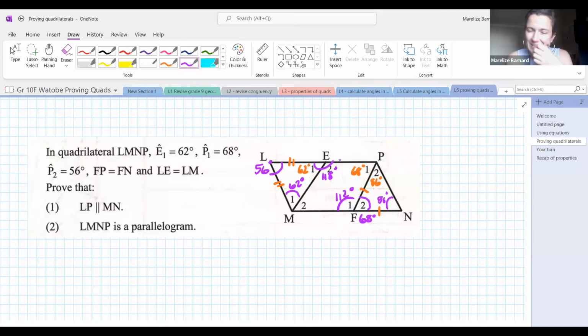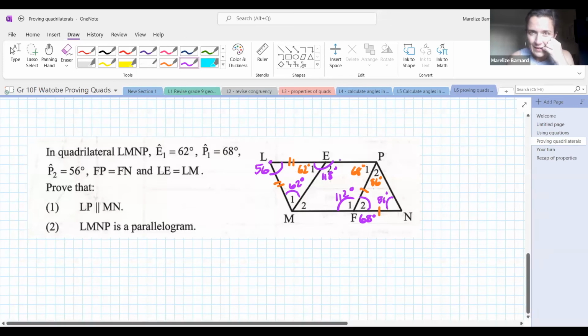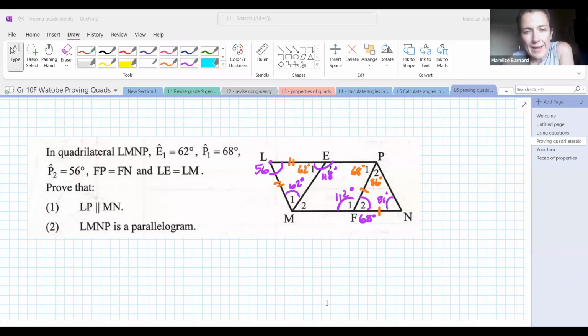Ma'am, I wanted to ask if P1 can equal M2 because of co-interior angles in a triangle. No, that won't work, because we don't have parallel lines yet, and they're not related in any way.